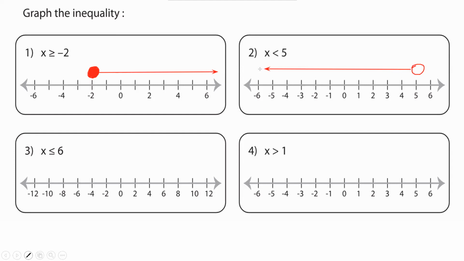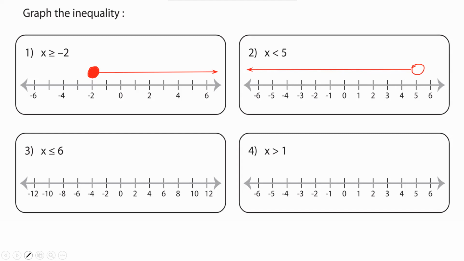It goes to the left because we're going to do numbers that are less than 5. So we have a circle and we go to numbers that are less than 5, numbers like 4, 3, 2, 0, -1, -2, -4, and so on. Less than.